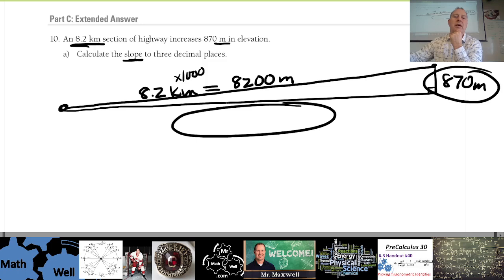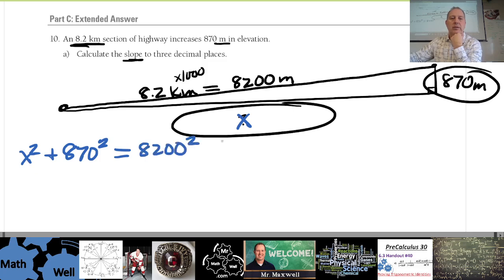That's better. So what we have to do is find out what this is first, which means we'll have to use Pythagoras. So let's make this x. So x squared plus 870 squared equals 8,200 squared.